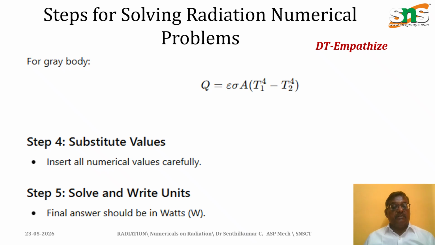Step 4, substitute the values. Insert all numerical values carefully. Step 5, solve and write units. Writing the unit is a very important factor. When we give a value in joules per second, that is watts, we should follow the same unit throughout the problem.